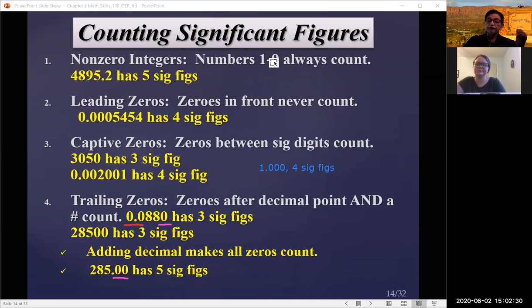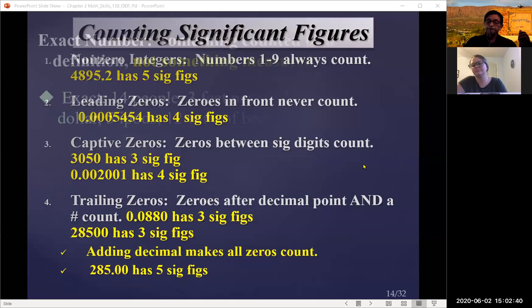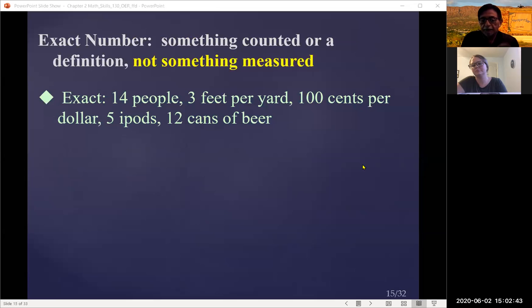Let me erase all this. Okay, to answer your question, Sonia, you typed it in. All right. Now, there are exact numbers, and exact numbers are not used in any of your calculations as far as sig figs.